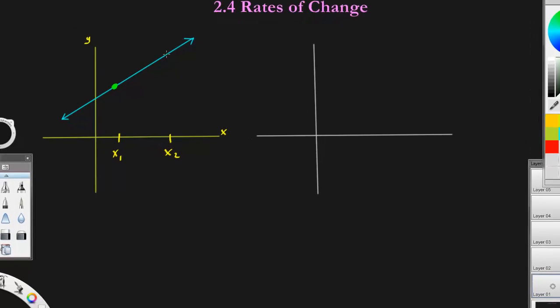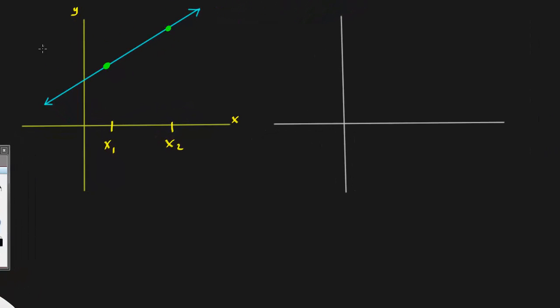Say this point is here, just kind of eyeballing it, and then over here somewhere, their respective y values. So we'll call this y1 and y2, just values on the y-axis. You can pick any points for this you want.